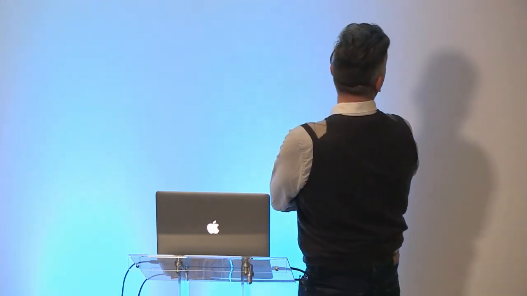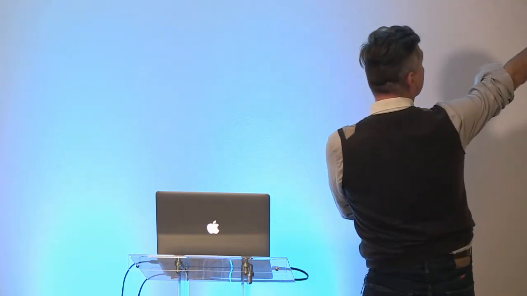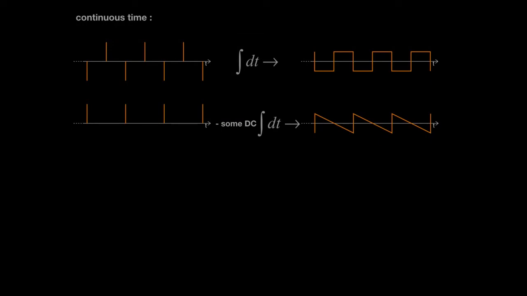In continuous time, it's quite easy. When we have a pulse train with alternating pulses and we integrate that over time, we get a perfect rectangle wave. If we integrate the same pulses, minus some DC, over time, we get a sawtooth wave.